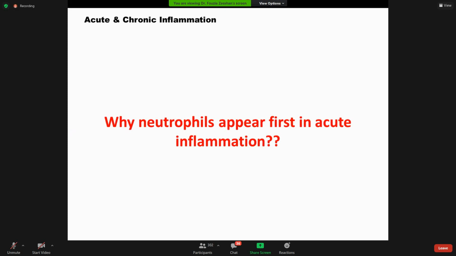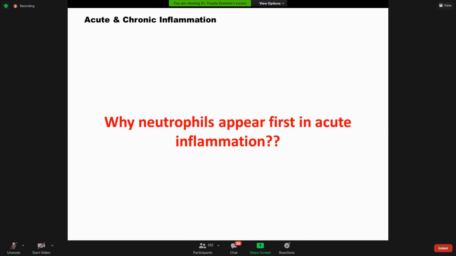The answer is that the neutrophils are greater in amount, they respond more rapidly to the chemokines, and they have good adhesion ability to the adhesion molecules.